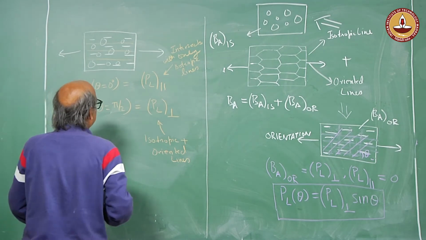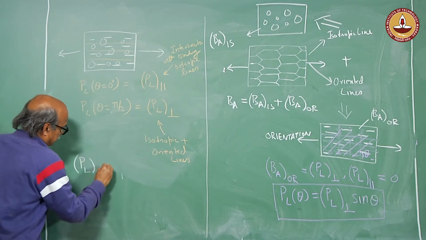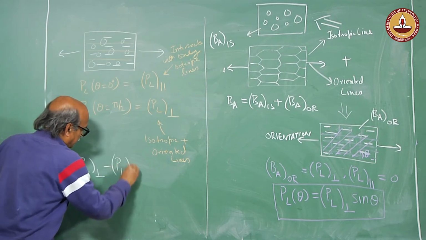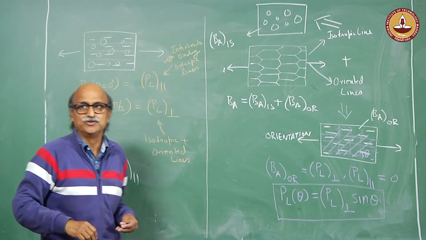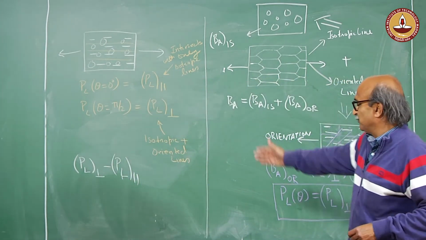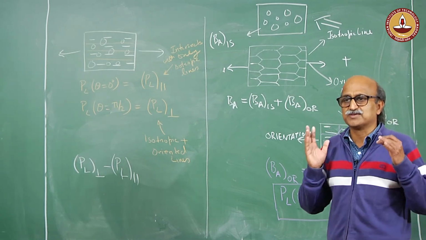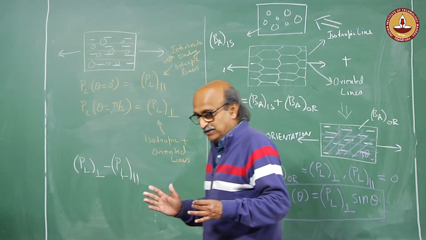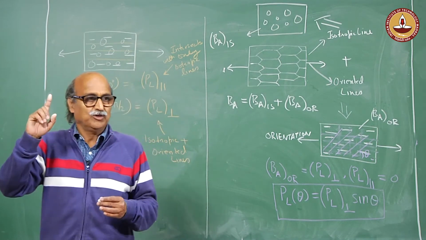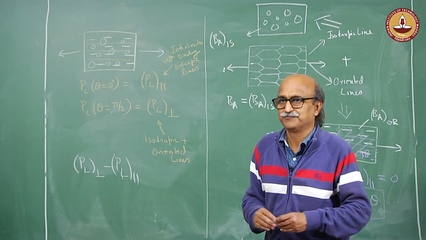Now then, what about the difference between these two counts? PL perpendicular minus PL parallel. This will represent a count in the perpendicular direction with only the oriented lines. Okay?